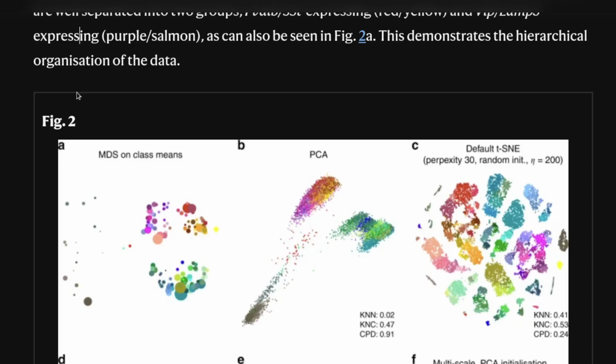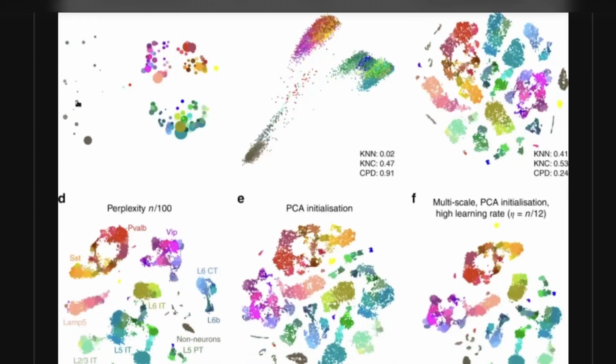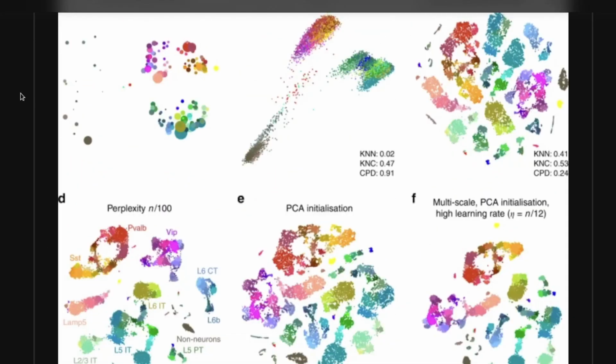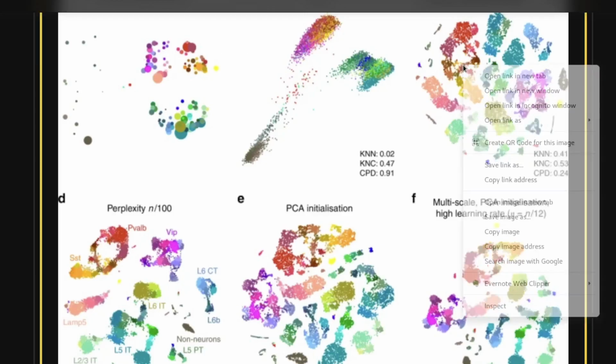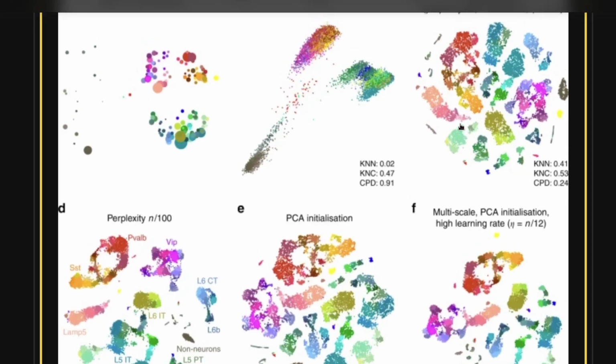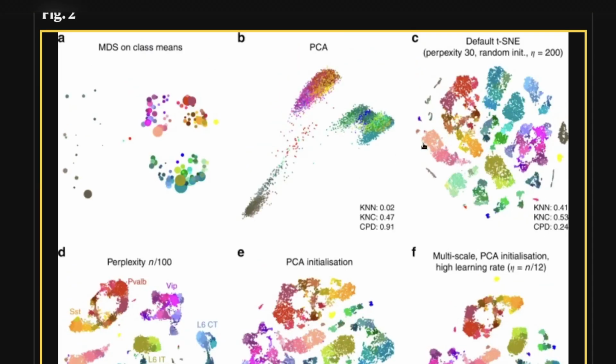Figure 2. t-SNE of the Tasic et al. dataset. Sample size 23,822. The cluster assignments and cluster colors are taken from the original publication 3. Warm colors correspond to inhibitory neurons, cold colors correspond to excitatory neurons, brown/gray colors correspond to non-neural cells. A. MDS on class means. Point sizes are proportional to the number of points per class. B. The first 2 principal components of the data. K and N. 10 nearest neighbor preservation, KNC. 10 nearest classes preservation, CPD.